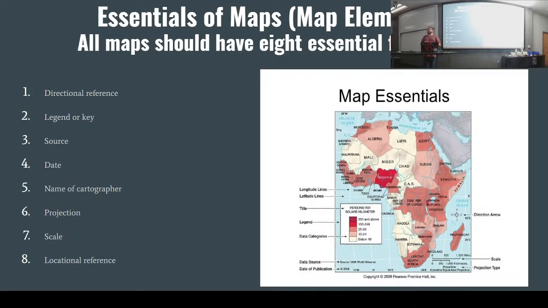We aren't going to go necessarily in depth to all of the things, but a key thing to remember is that all of these are map essentials, like the directional reference, the legend or key, the source, the date, the name of the cartographer, projection, scale, and a locational reference. All of these are map essentials.